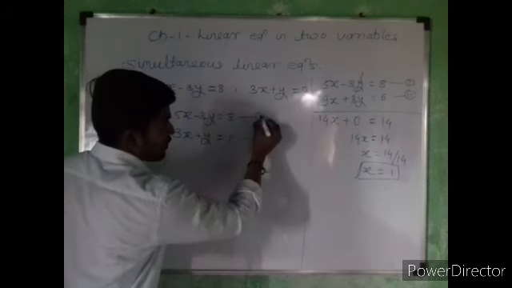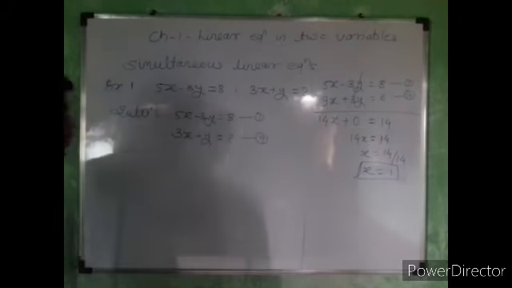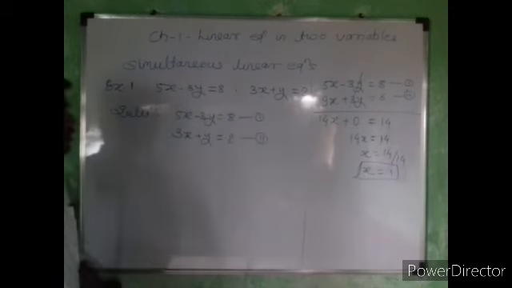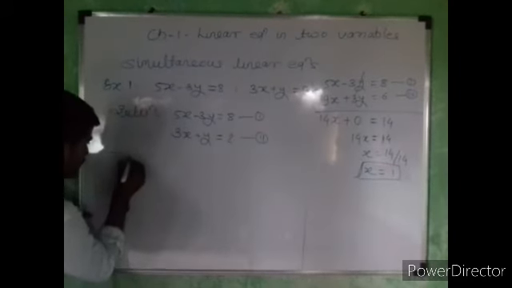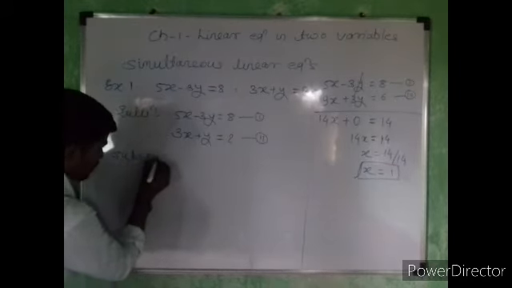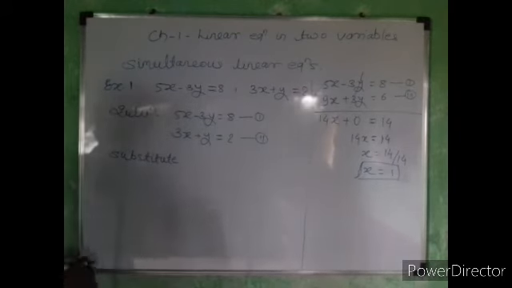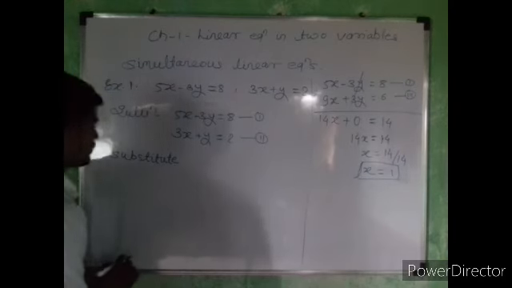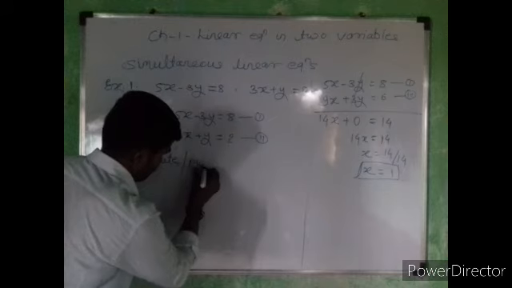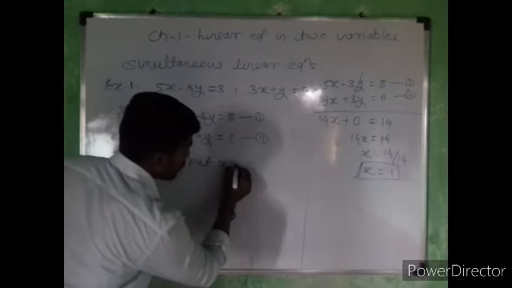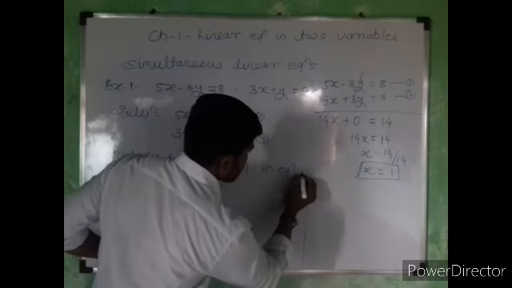Here our equation first and second is on board. So substitute x is equal to 1 in any equation. So we substitute or put x is equal to 1 in equation first.